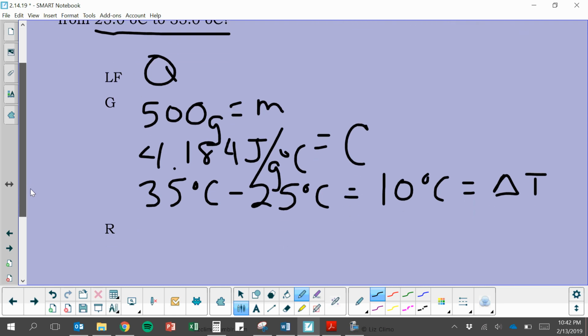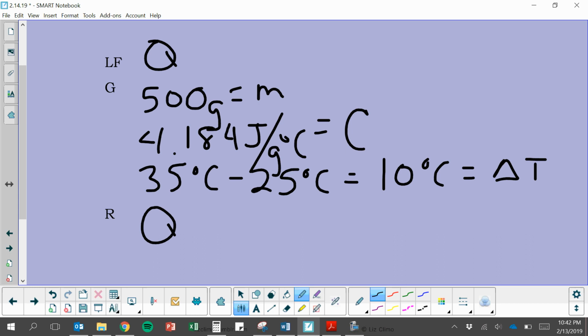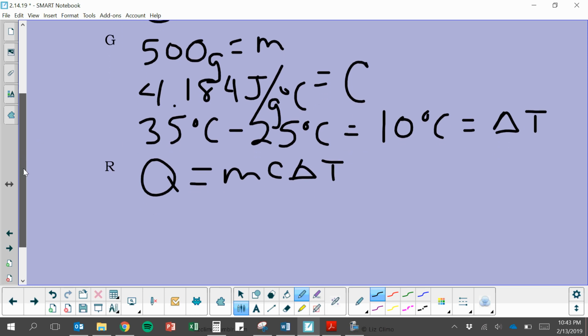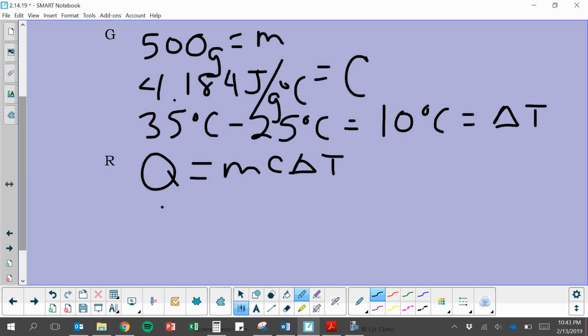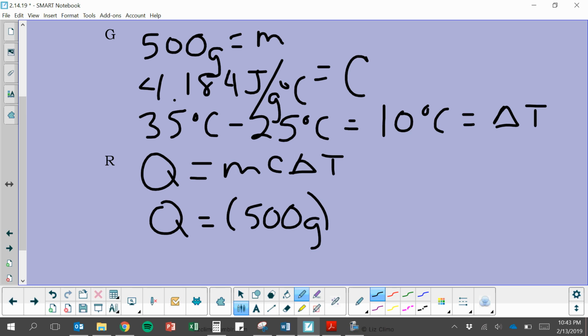And our relationship, we're going to use the equation that we've been talking about. And then we just plug in the numbers and solve. So our mass is 500 grams. C is 4.184 joules per gram degrees Celsius.